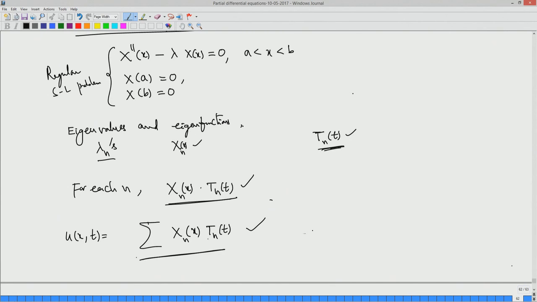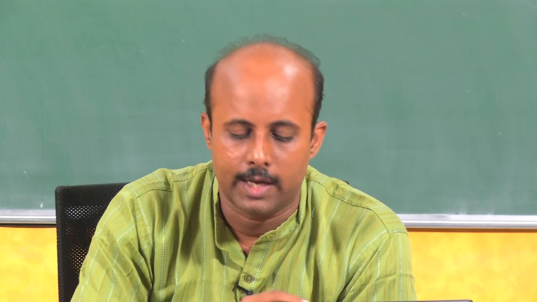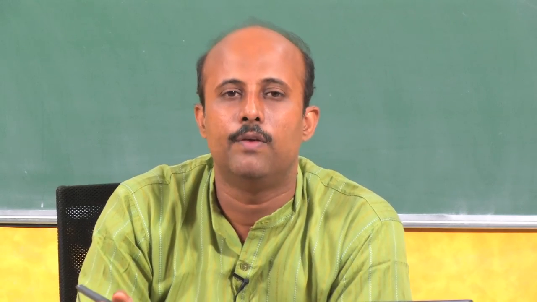But if you take the infinite sum, one can actually show, though we do not show it here, that this series is uniformly convergent in both variables x and t. Uniform convergence means you can do term by term differentiation and term by term integration. Basically, what we need is term by term differentiation.